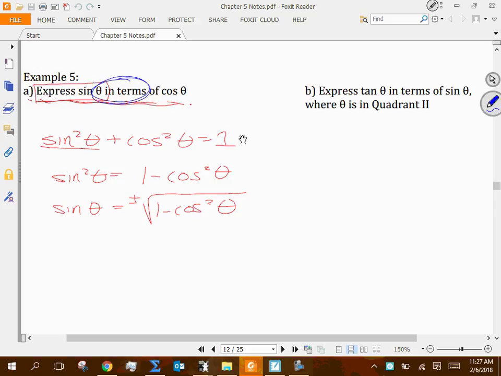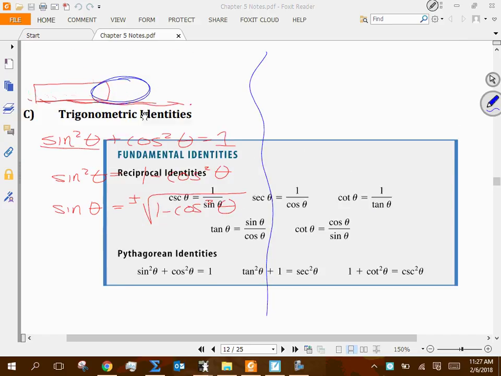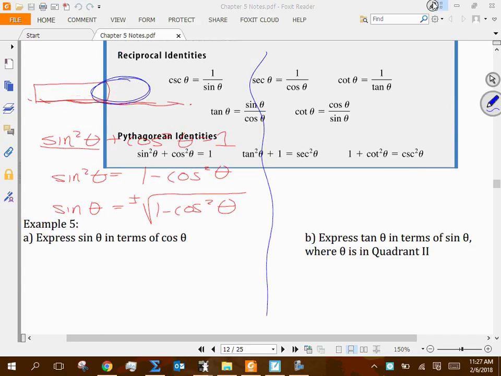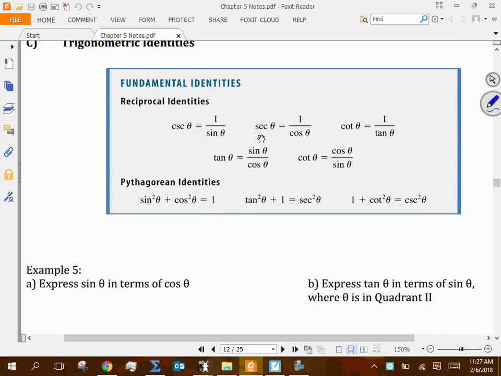You see it maybe best in this example B here. It's express tangent in terms of sine. So I'm going to work through and try to figure out what identities I know that incorporate tangent and sine. If we come back up here, doesn't this one right here incorporate tangent and sine? All right.